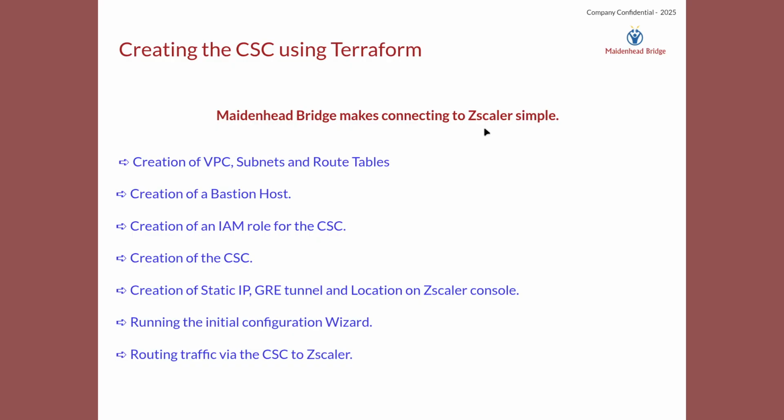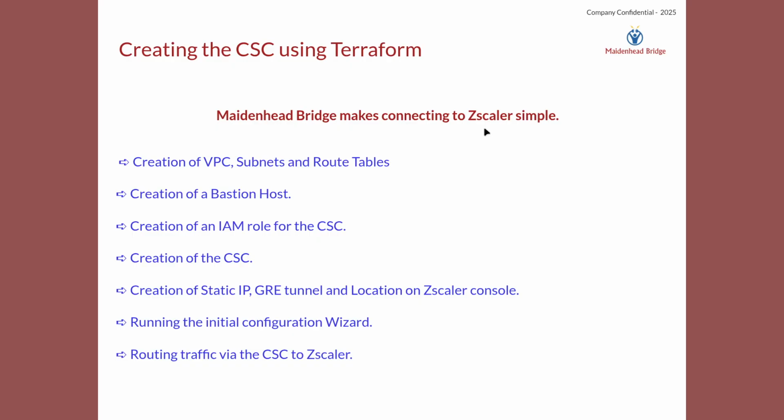Then we are going to create the VPC, subnets, and route tables. We are going to create a bastion host to access the CSC of the region. We're going to create an IAM role that is needed for the CSC when it's in high availability or using TCPA.